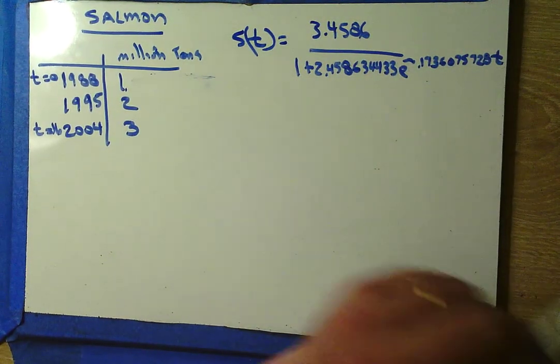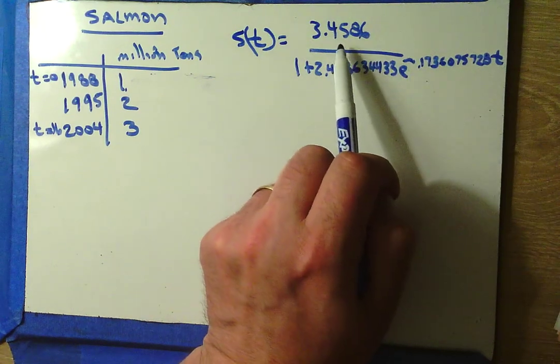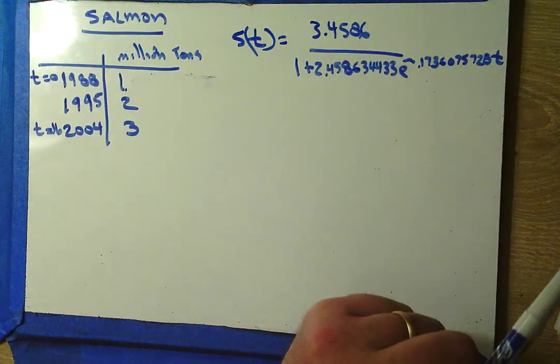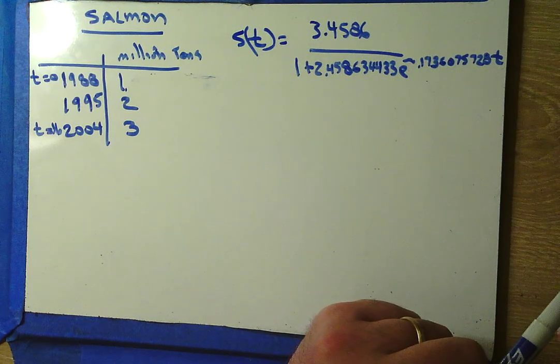So it looks like the upper boundary appears to be about 3.5 million tons.